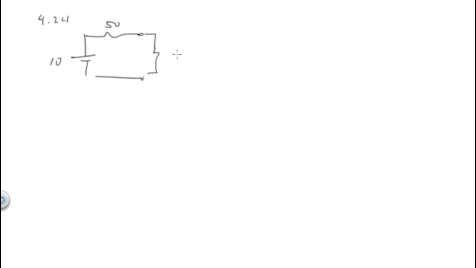So let's do R equals 0. The I is equal to what? 10 divided by 50, or 0.2 amps. So 0.2 squared times 0 is equal to 0. Then you put in 25.